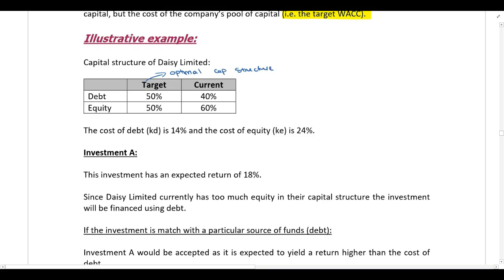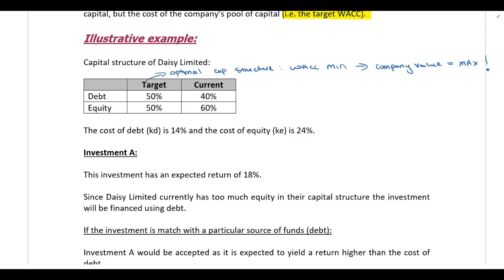And just as a bit of revision from our lecture on weighted average cost of capital, my optimal or target capital structure is where my weighted average cost of capital is minimized, and that is where my company value is maximized. So this is the ideal capital structure for this company. They would like to have 50% debt and 50% equity in their capital structure.